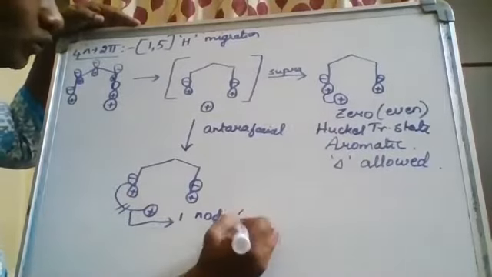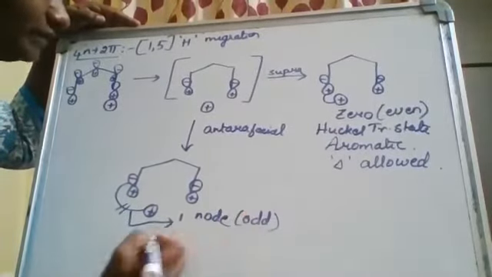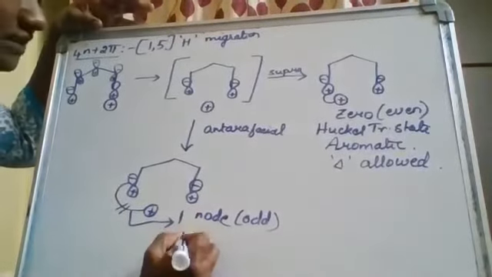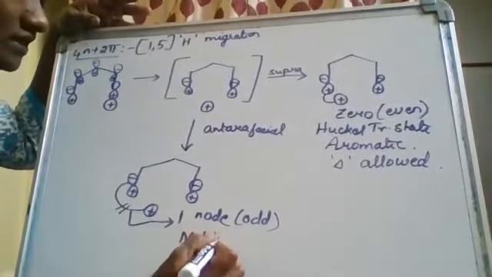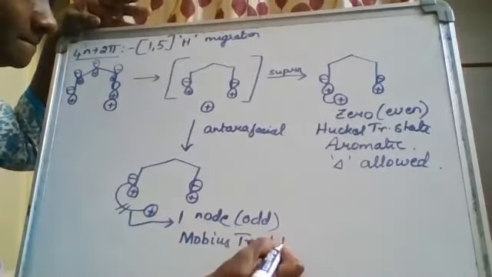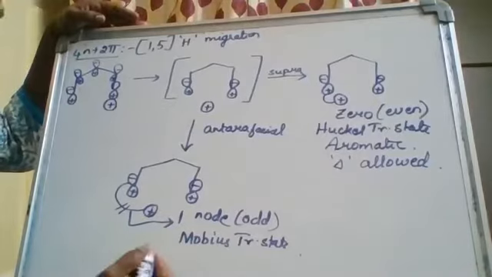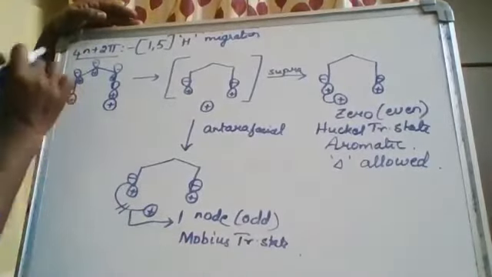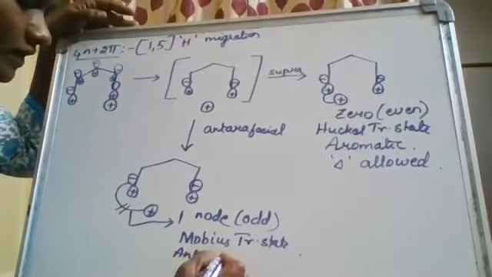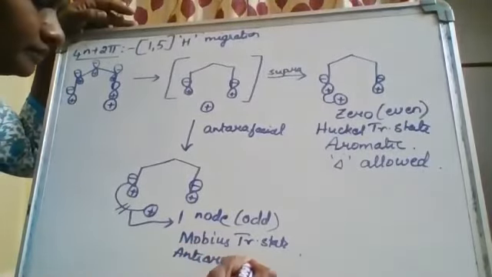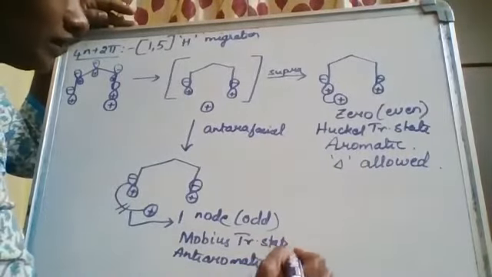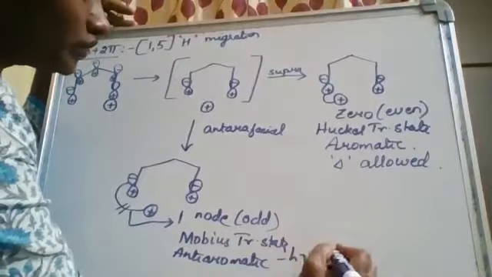It is an odd number of nodes in the transition state. So it is a Mobius transition state. Because it belongs to a 4n plus 2 pi system, it is anti-aromatic. All anti-aromatic are considered to be photochemically allowed.